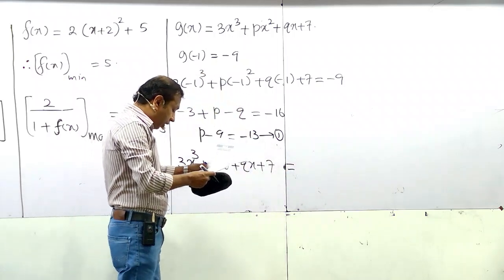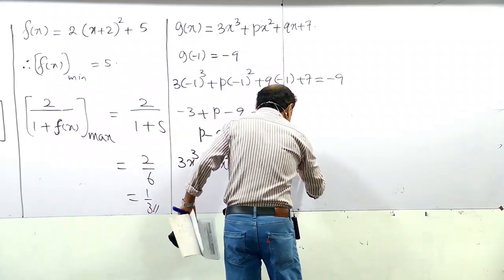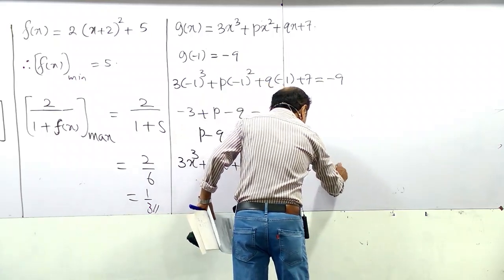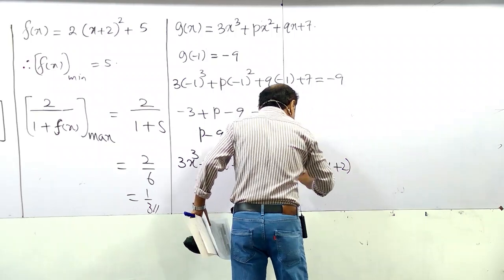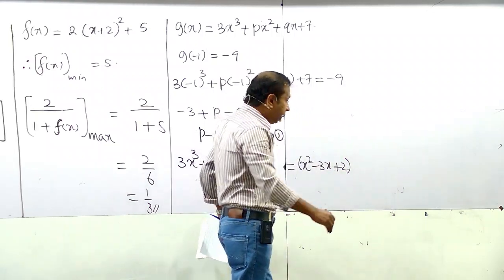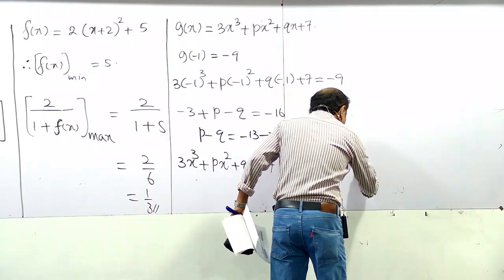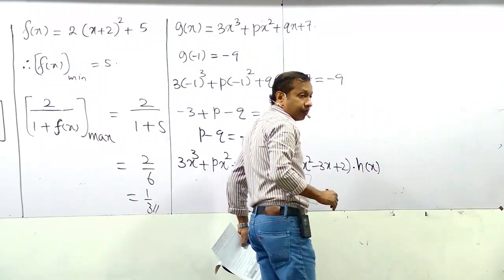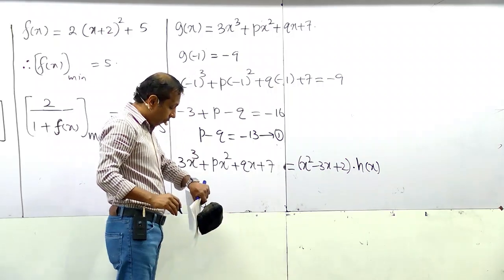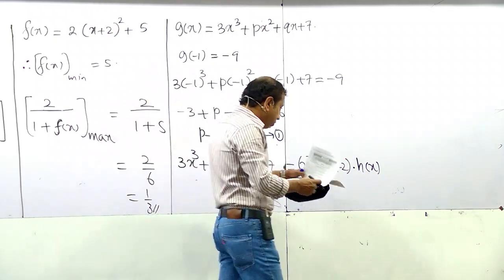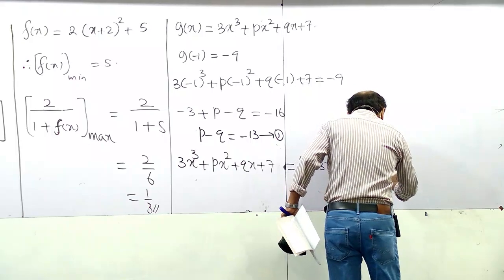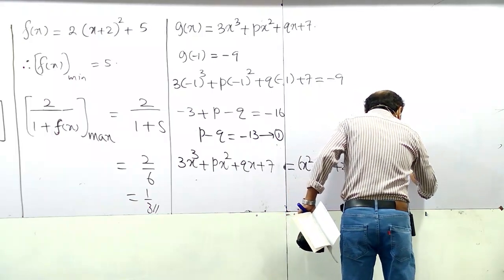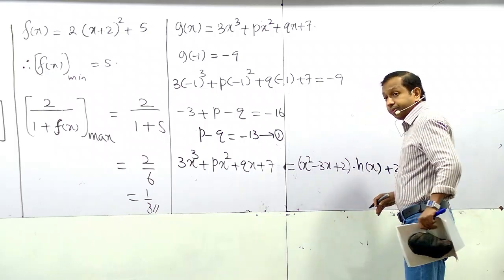This is divided by x squared minus 3x plus 2. Right? Then let us assume what? The quotient is h(x). Quotient is h(x). Right? Remainder given as 2x plus r.